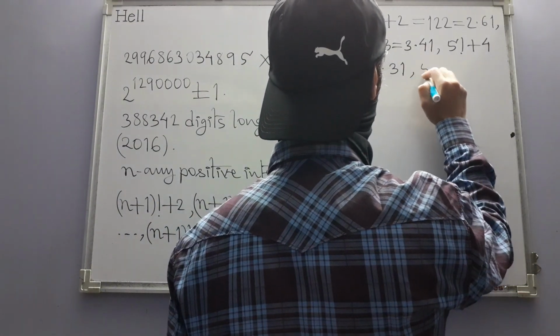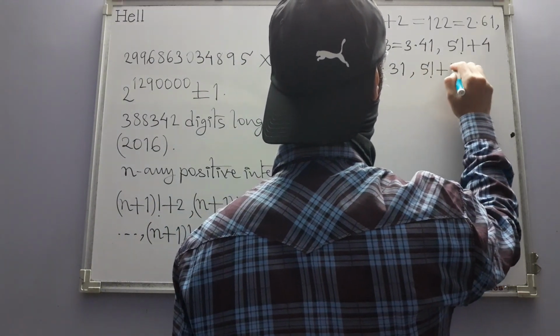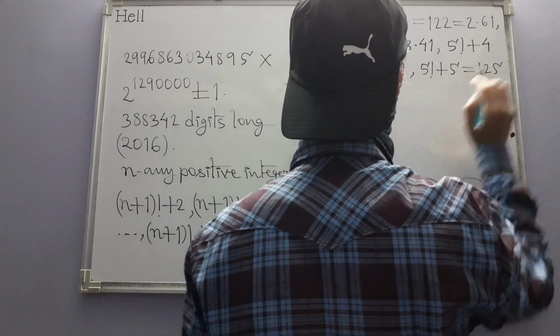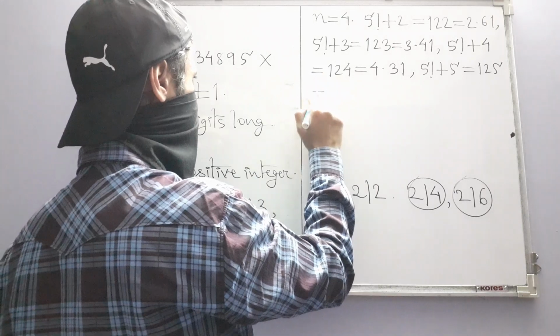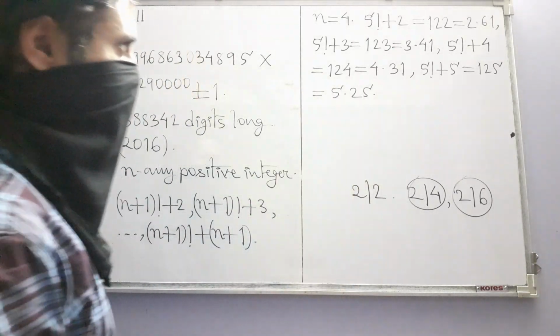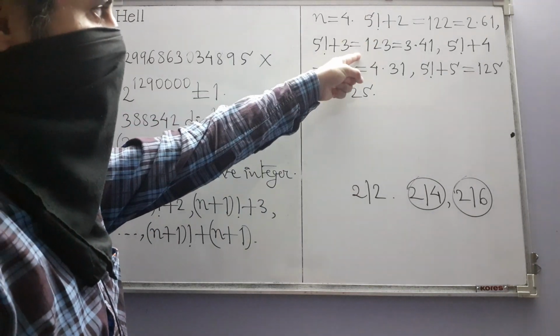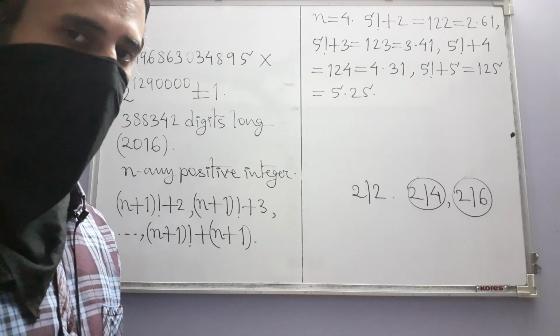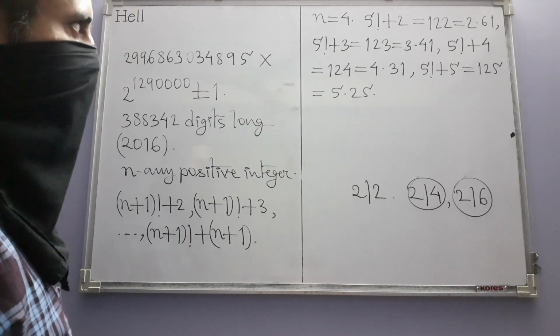And finally 5 factorial plus 5 is 125, which is 5 times 25. So 122, 123, 124, 125 are all composite, and they are 4 consecutive integers.